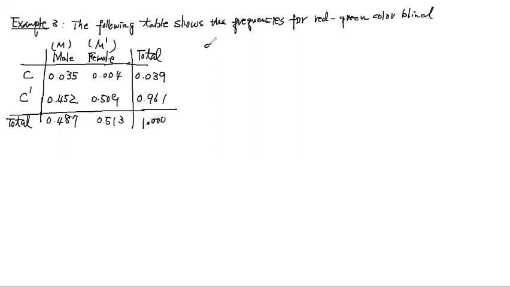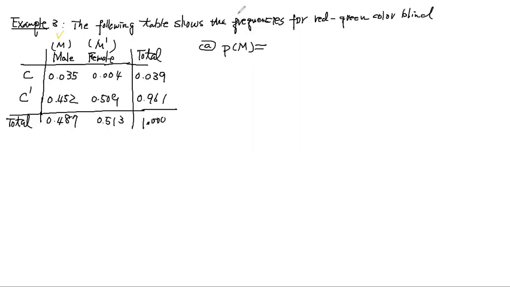For example, what is the probability of M? That means, in this survey, what is the probability that the person is male? You look at the male column and add that up.